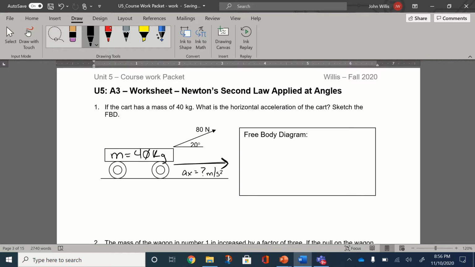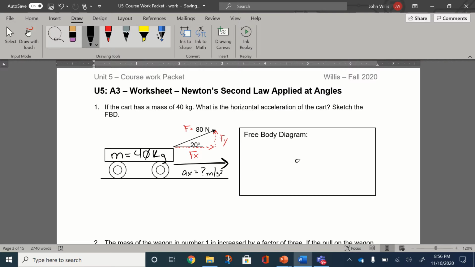What you should recognize, or maybe briefly remember from our last unit, is that forces at angles can be resolved, right? And so I can take this force of 80 newtons at 20 degrees, and I can find out what my vertical force is, and I can find out what my horizontal force is for each one of these.